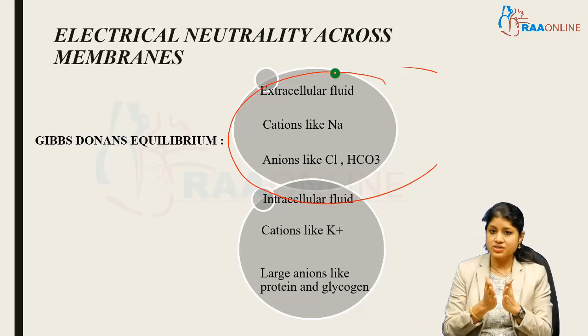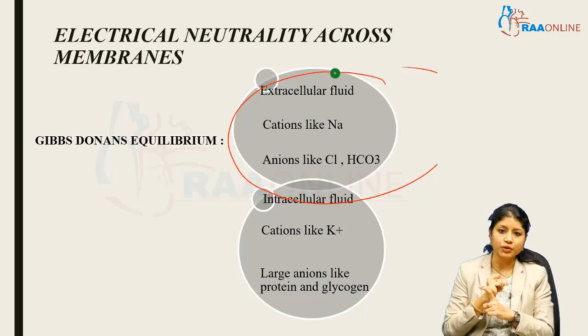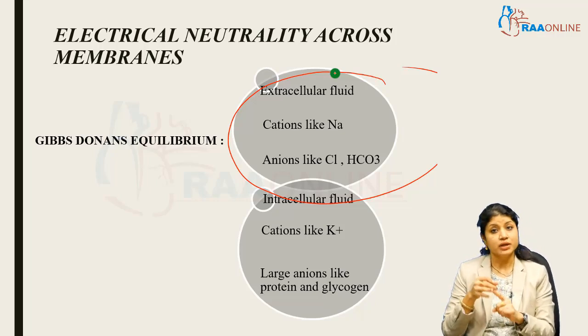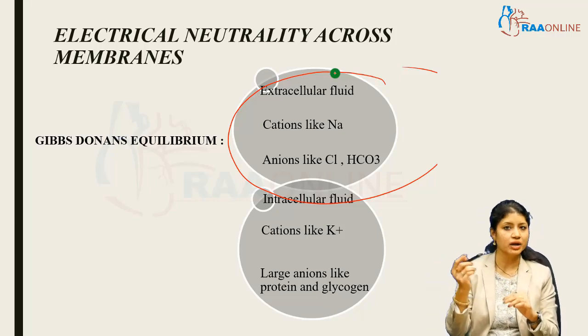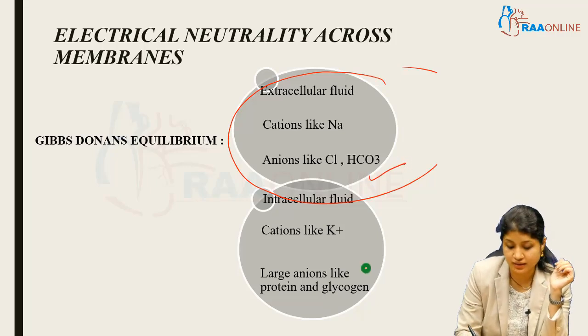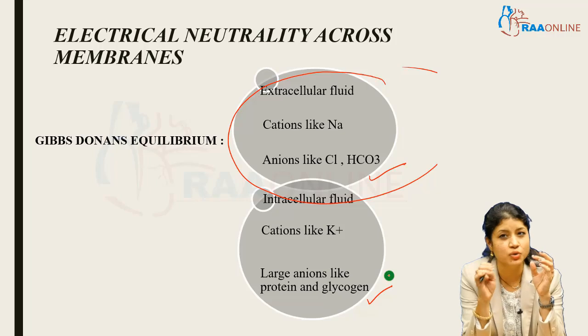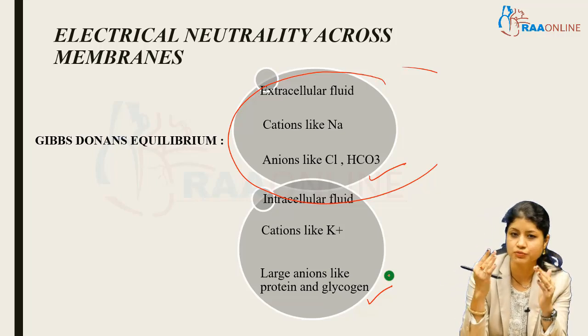So, in your extracellular fluid, sodium is the majority cation, whereas in your intracellular fluid, potassium is your major cation. Other than these cations, you have anions in your extracellular fluid, which are chloride and bicarbonate, and other anions like protein, a small amount of albumin and other proteins, and glycogen present in your intracellular fluid.